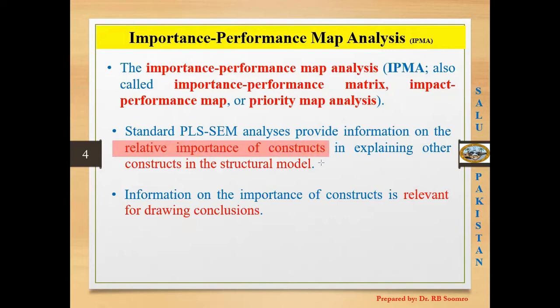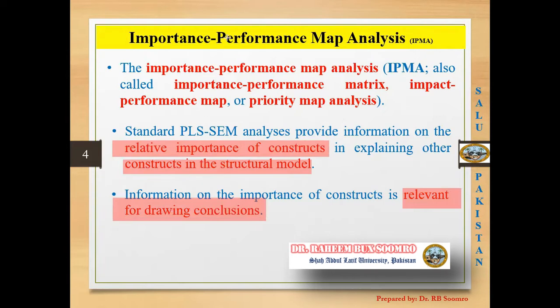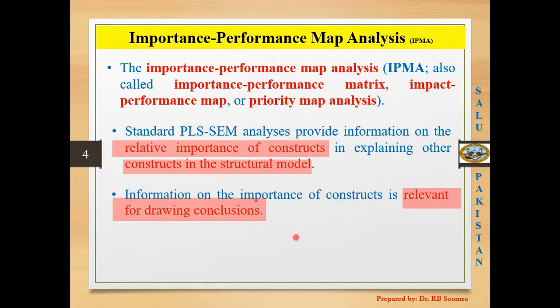So now we have to find out which construct has much more importance, or whose performance is better relative to the other constructs in your model. Information on the importance of constructs is relevant for drawing conclusions. It's very important, as through it we can draw different conclusions by applying the IPMA technique on our model.